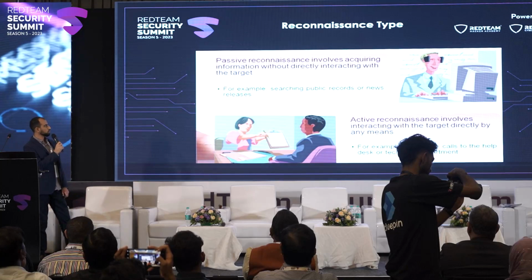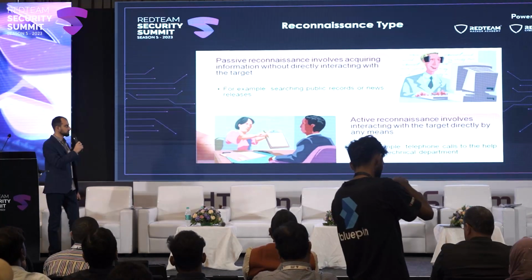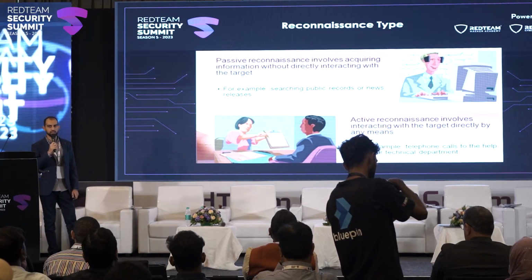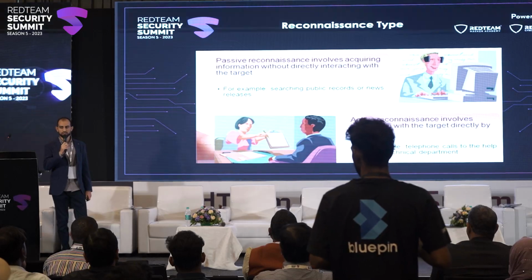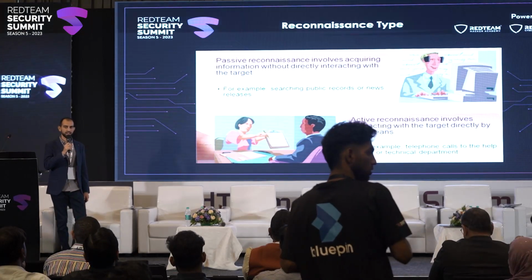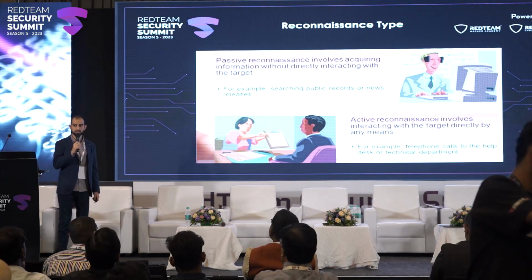So basically, we have two types of reconnaissance. Passive reconnaissance allows you to acquire information about the target without interacting with it. For example, let's say you want to hack a bank. We don't hack banks, but let's say we're doing penetration tests and we want to assess the security of the bank. If you search about this bank without interacting with the domain, that is passive reconnaissance.